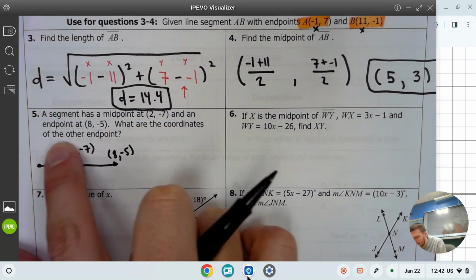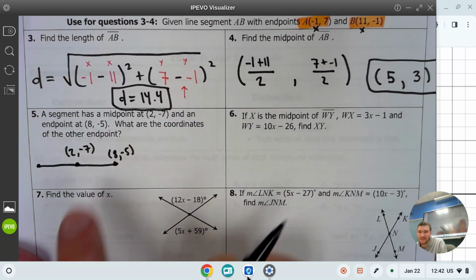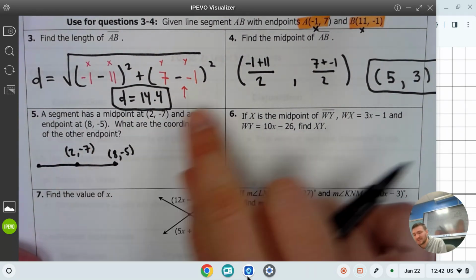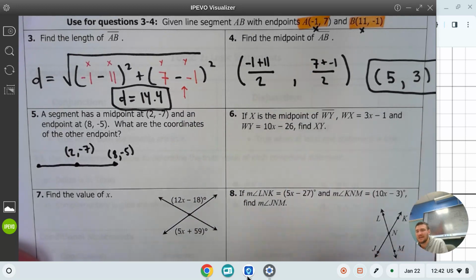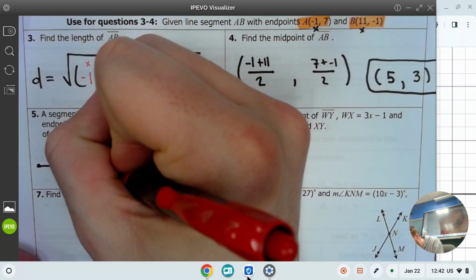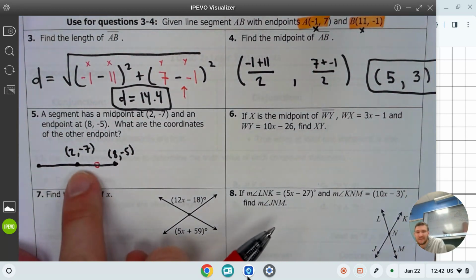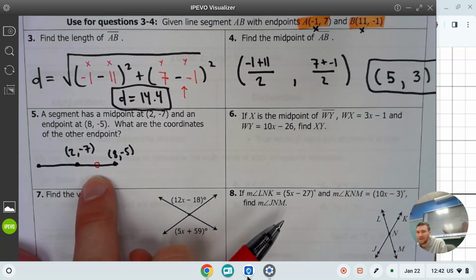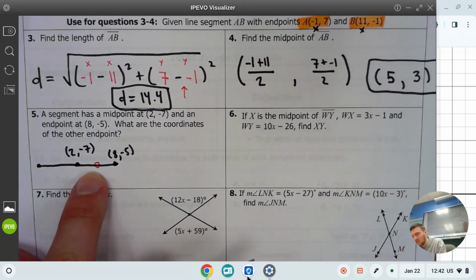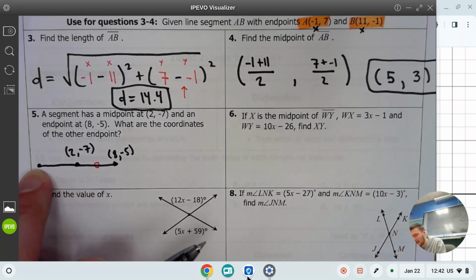What are the coordinates of the other endpoint? We can't just do the midpoint formula in a normal way because the midpoint formula would tell us the middle of these two coordinates. We don't want the middle of these two coordinates. We want to reach all the way out here and figure this out.